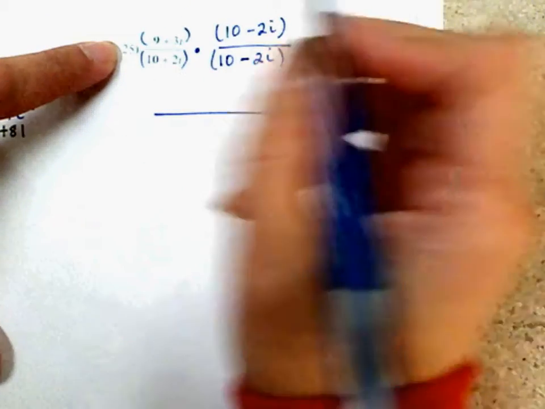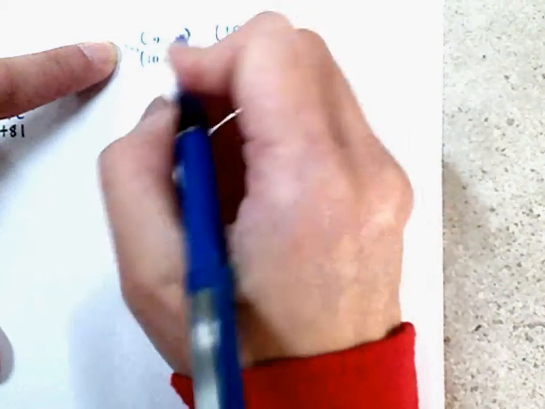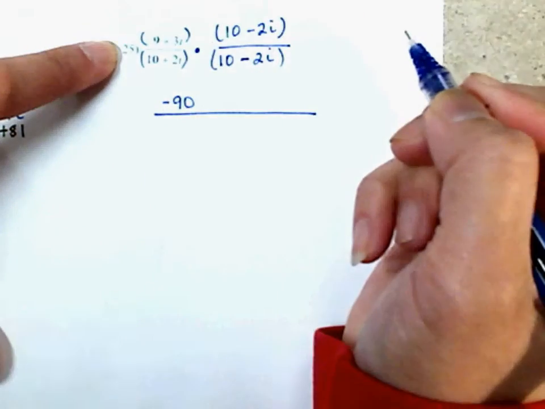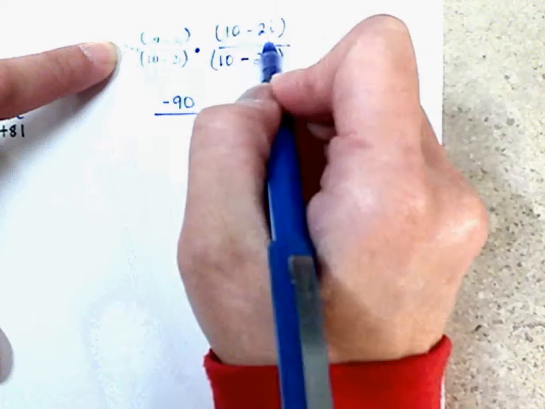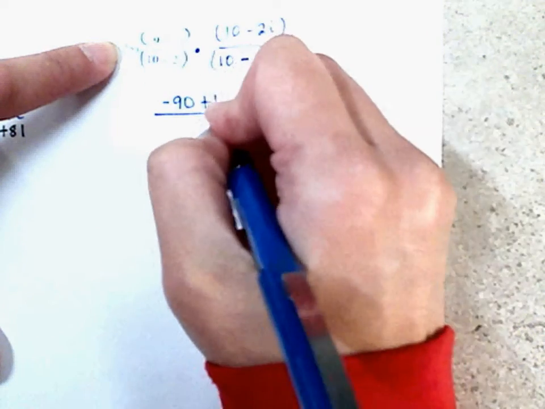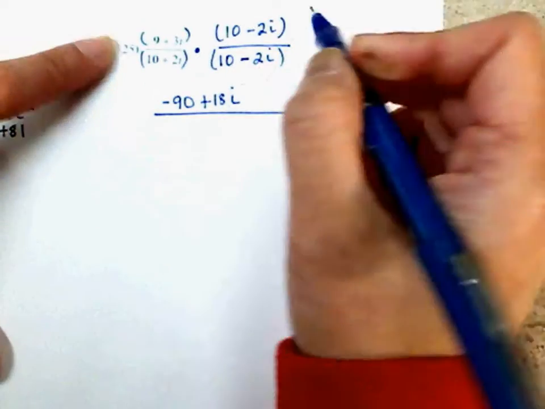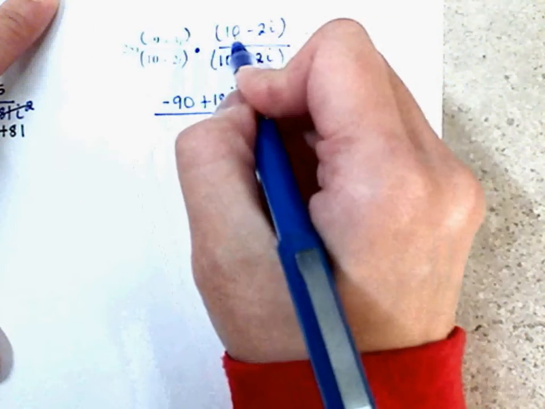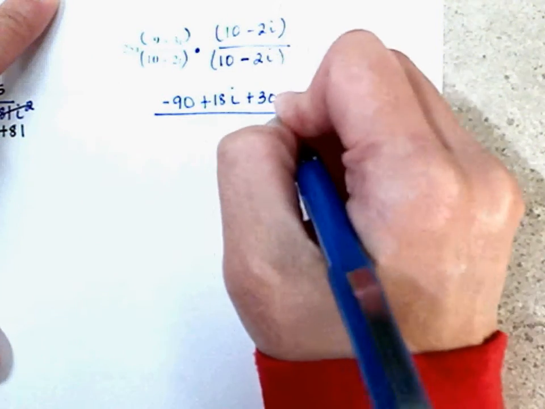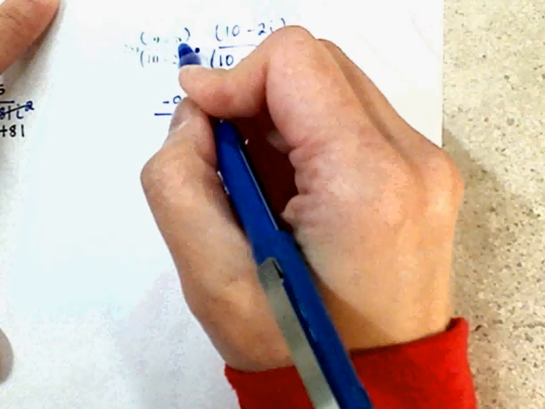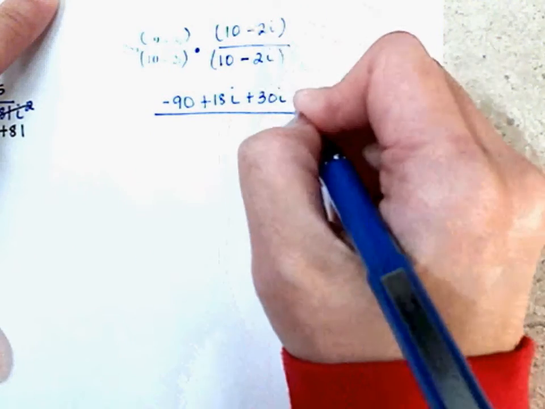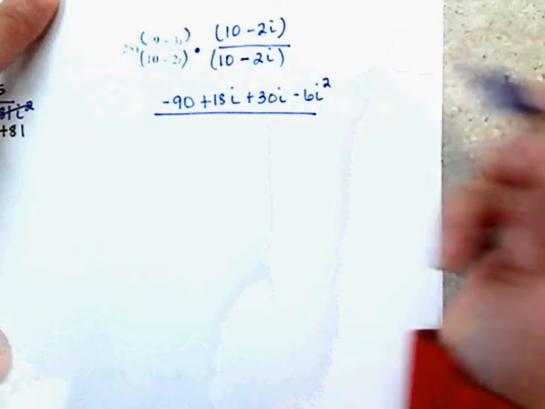Okay? Negative 9 times 10 is negative 90. Negative 9 times negative 2i is positive 18i. 3i times 10 is positive 30i. 3i times negative 2i is negative 6i squared.